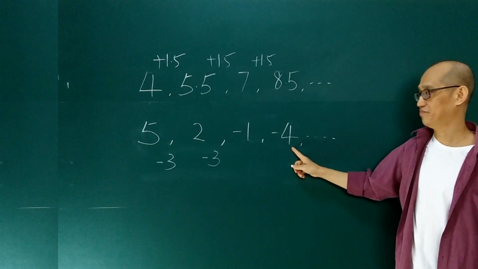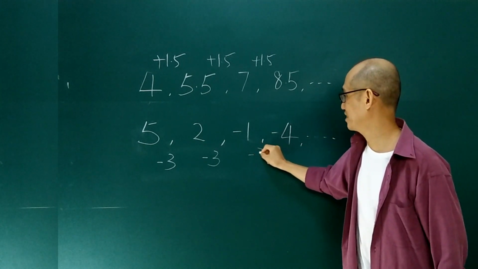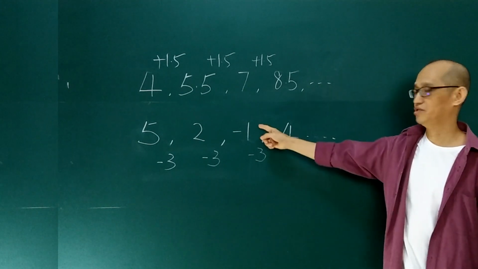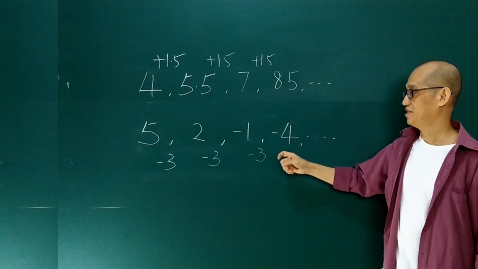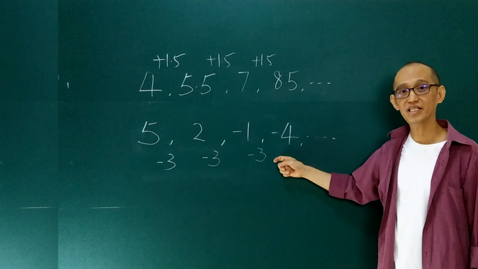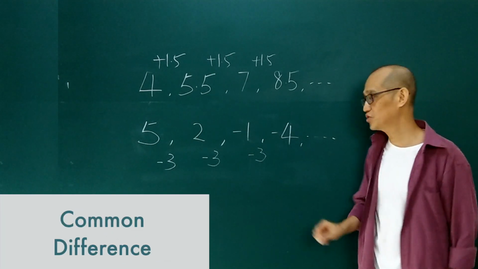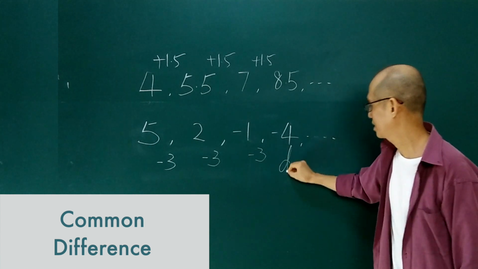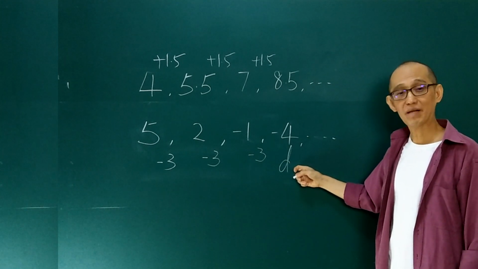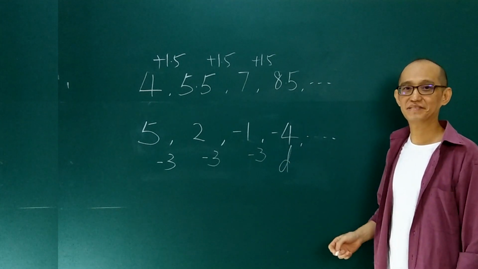How do we get the fourth term? We subtract 3 from the third term. And again, this negative 3 is called common difference. And we use D to represent common difference.